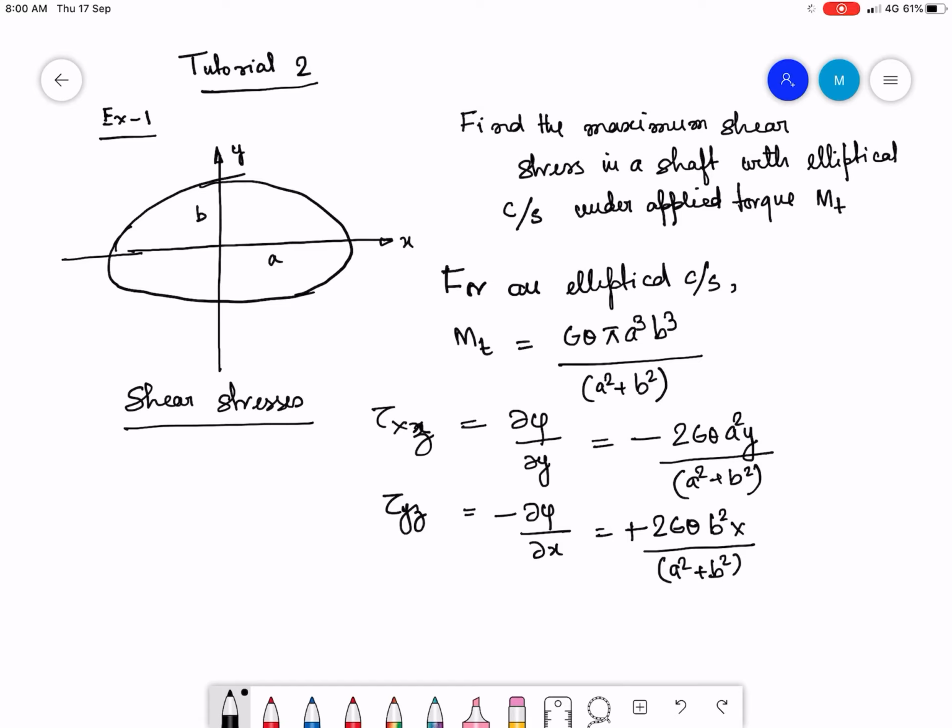Okay, so these are the expressions for the two shear stresses in terms of G theta.